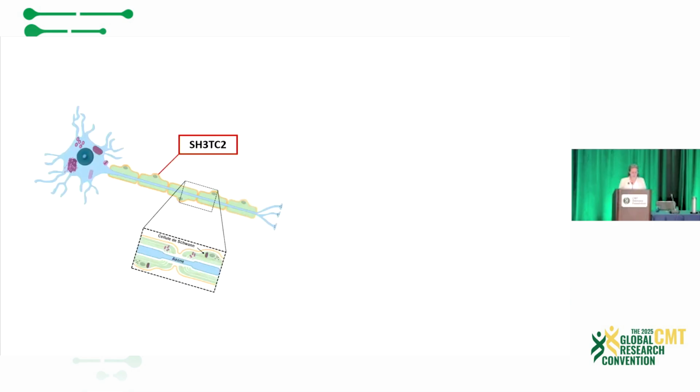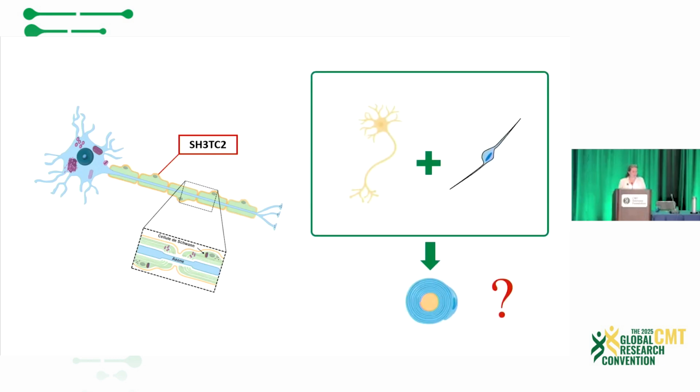SH3TC2 is involved in myelination, but currently we have only Schwann cells alone. So we put together motor neurons and Schwann cells, wanting to obtain myelin.